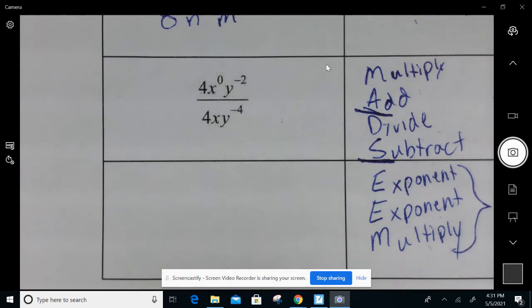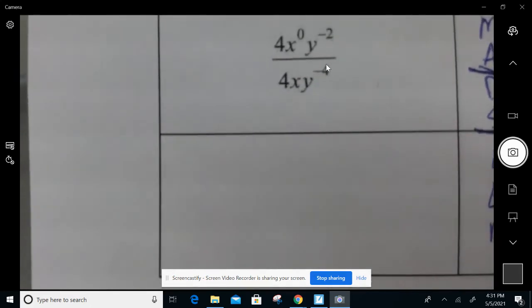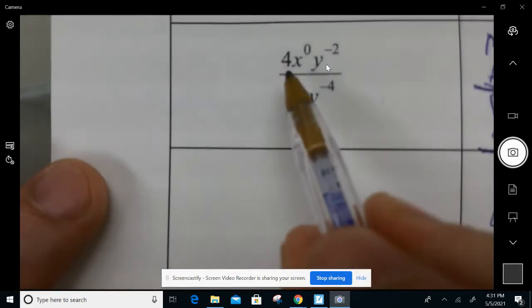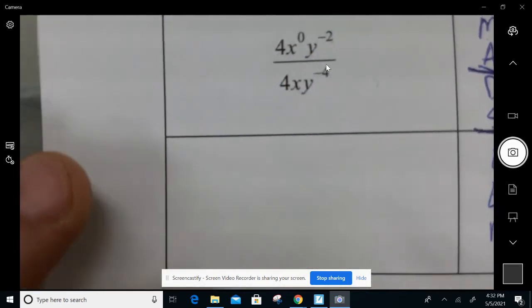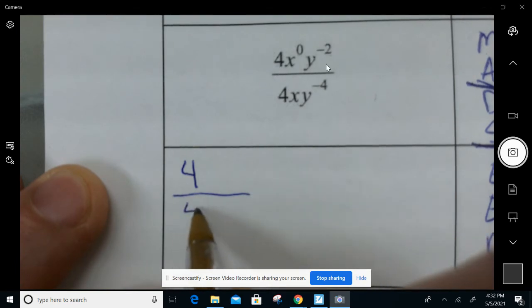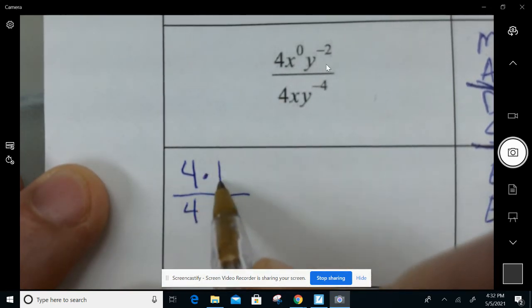Take it one at a time. I would highly suggest when it comes to this with multiple rules, just do one thing at a time. Okay? So for example, I'm going to deal with the x to the 0 first. All right? I'm going to rewrite everything as it is. Nothing changes, except x to the 0 is 1.